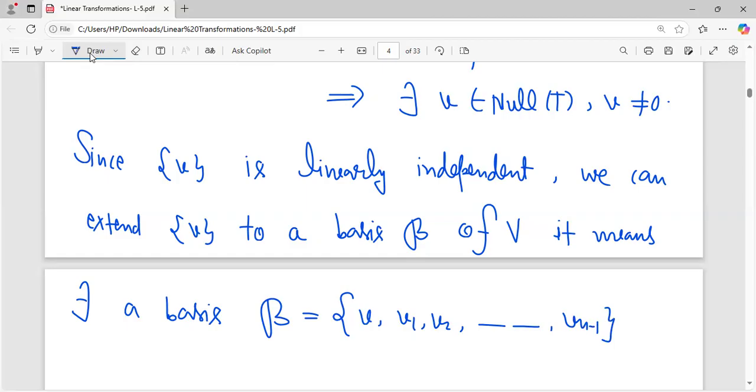Because the dimension of V is n, the basis will contain n elements. Because this basis is an extension of B, B will be contained in this basis.